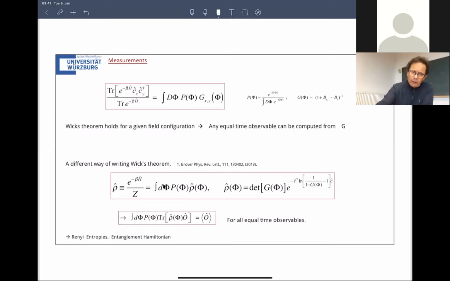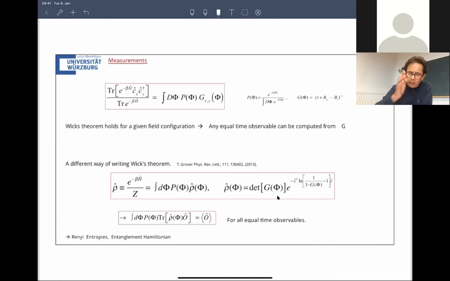What you can show is that the full many-body density matrix can now be written as the integral of d phi, p of phi, the probability distribution we had before. This is not really a density matrix because G is not Hermitian, so you have to be careful, but it's a Gaussian operator which has this form.